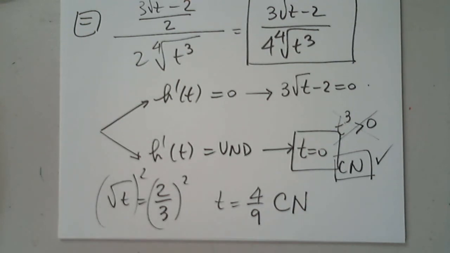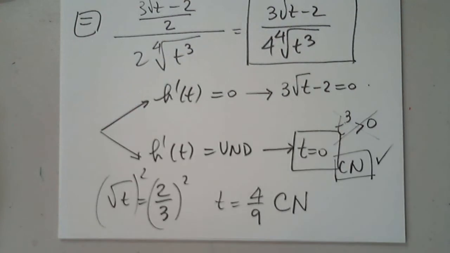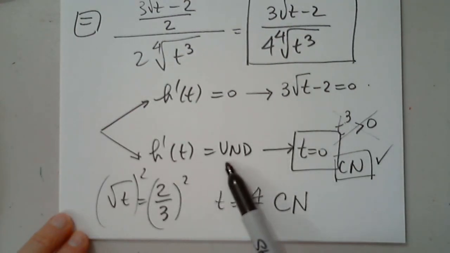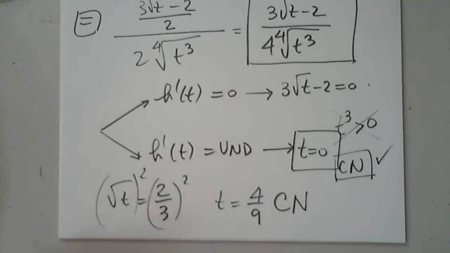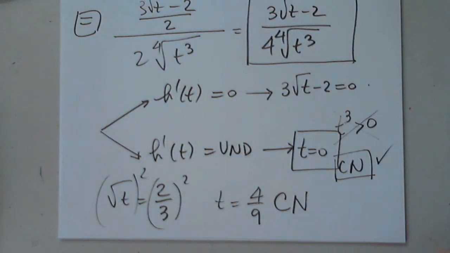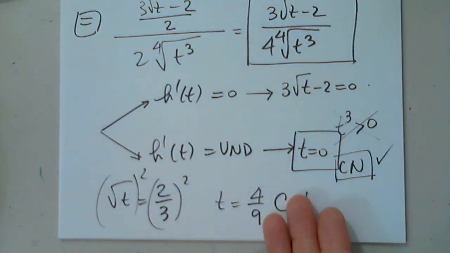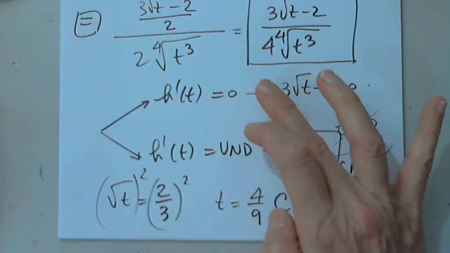So this function, as I promised, ugly, has two critical numbers, one coming from this source and the other one coming from this source. Functions don't have to have critical numbers at all. They may have critical numbers coming from one source and not the other, or even from both. This was an example of a function with critical numbers coming from both sources.